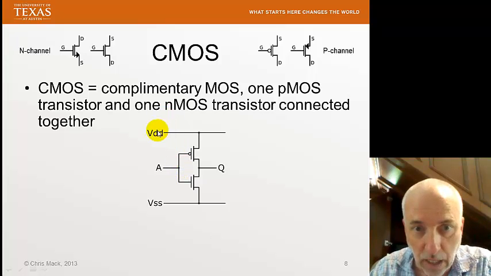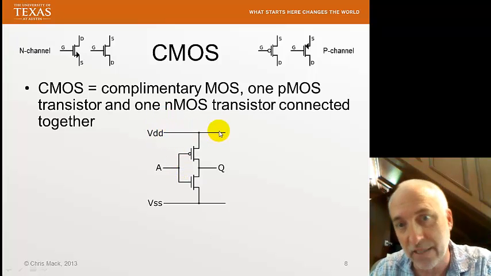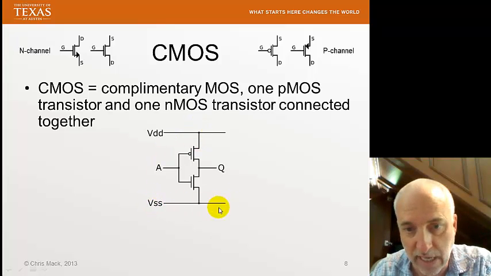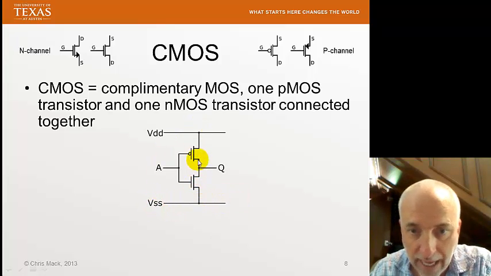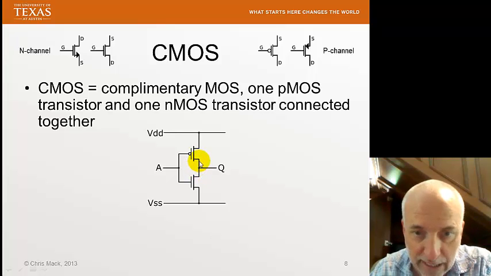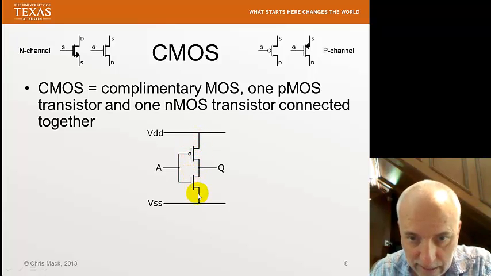VDD will be a positive voltage that's connected up here. VSS will be a negative voltage or low voltage. And notice that I have the source and the drain connected. So if this is the source and this is the drain, they are connected, the NMOS to the PMOS right here.